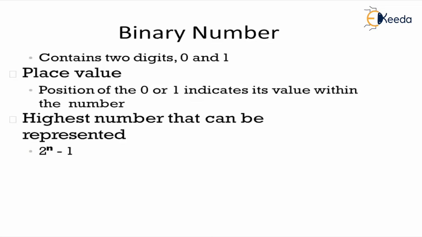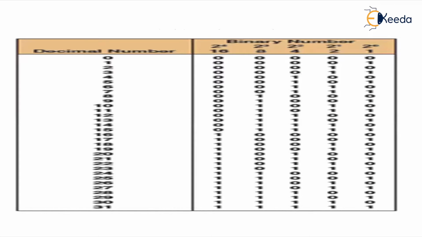So we are aware that the binary number system consists of zeros and ones, where the position of 0 or 1 indicates the value within the number. The highest number that can be represented is 2 raised to n minus 1. Let us see this table. Here you have a decimal number system from 0 to 31, and the binary number system goes from 2 raised to 0 up to n number of bits.